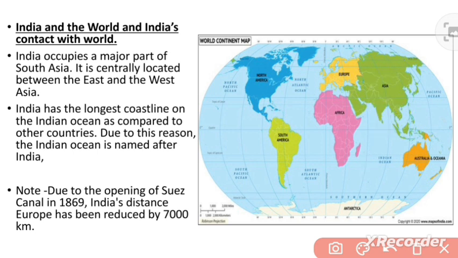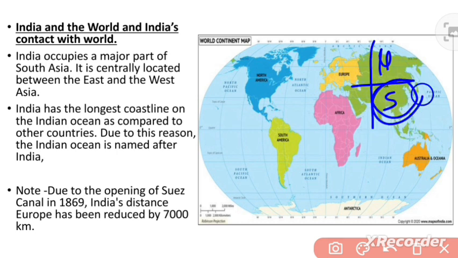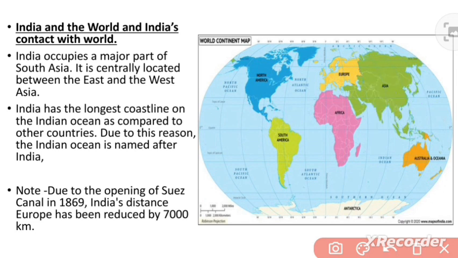So we can say that that is north and that is south. If we divide it in 4 that way, you can see that it covers the major part of South Asia, the southern part, and is centrally located between East and West Asia. So that is East Asia, that is West Asia.